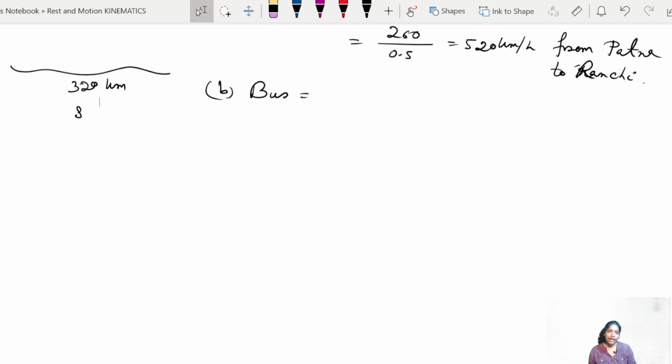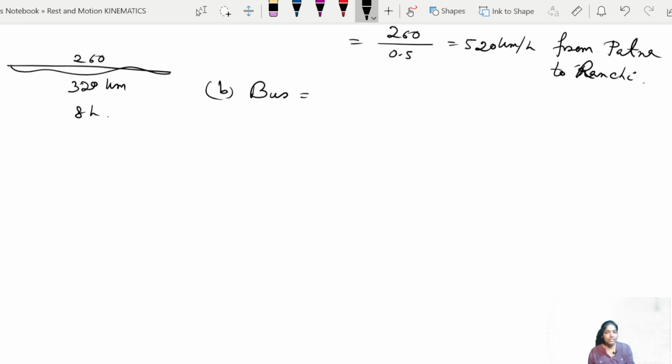But if we measure its shortest distance, it will be the same as the aeroplane's distance, or the aeroplane's displacement. That means for the bus, the net displacement equals the distance travelled by the aeroplane. So it will be equal to 260.